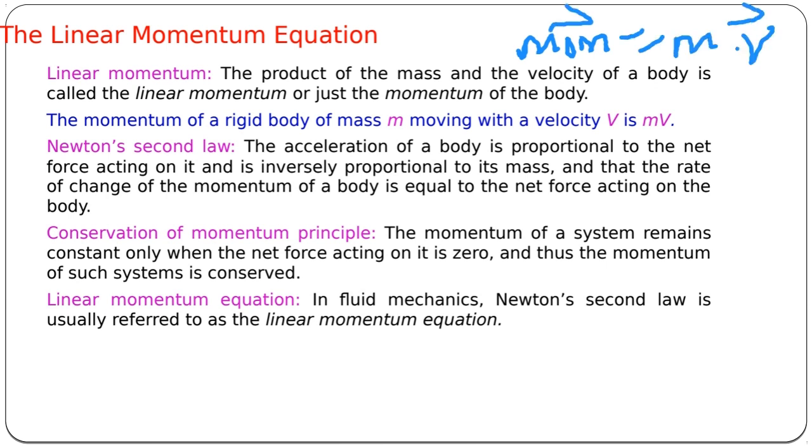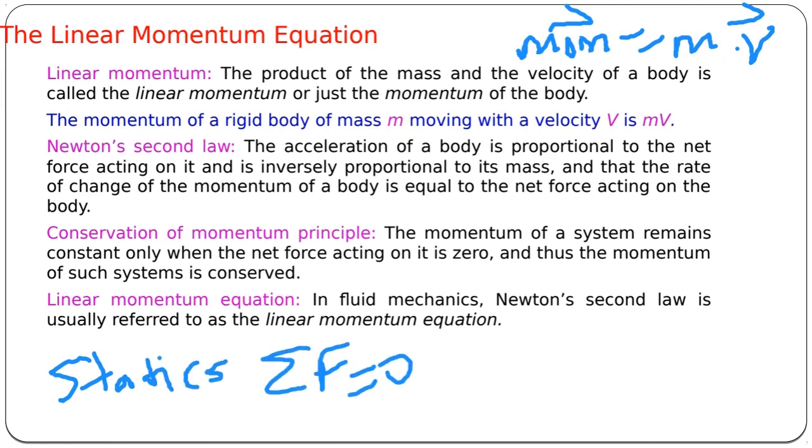According to Newton's first law, statics, the first part of the mechanics, if an object is stationary or if it's moving at a constant speed, what is the summation of the forces acting on it? It's zero. So in statics, the sum of the forces is zero if it's stationary or if it's moving at a constant speed.